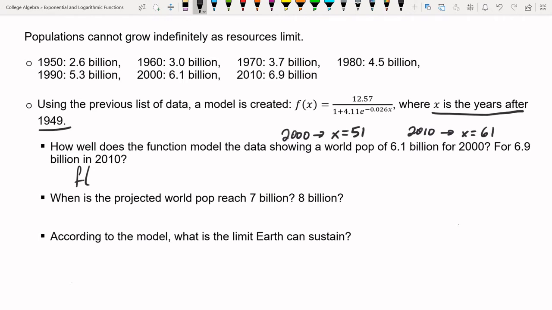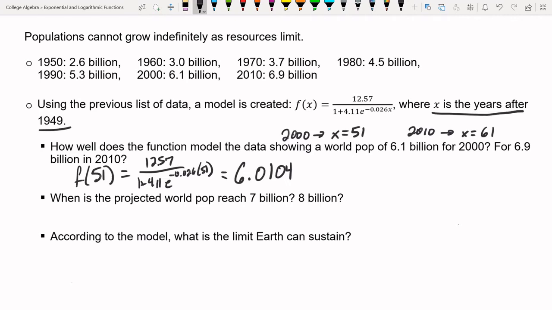So for 2000, we're plugging in f of 51. We'll just plug in 51 where x is, in 12.57 over 1 plus 4.11 e to the negative 0.026 x. I'm going to use a calculator for that. Negative 0.026 times 51, 4.11.